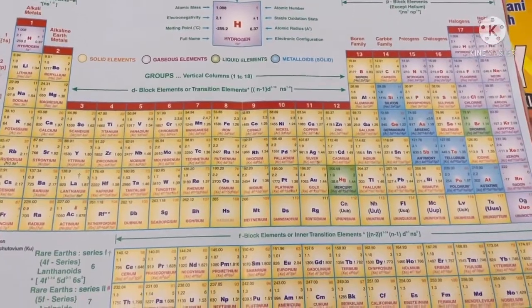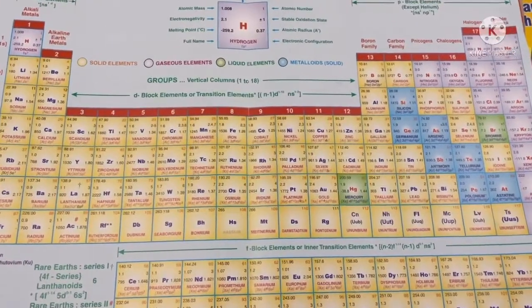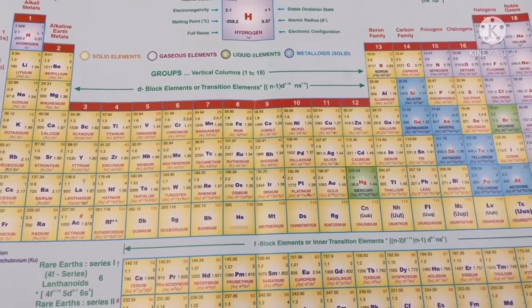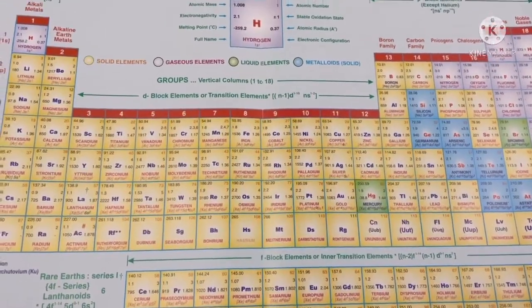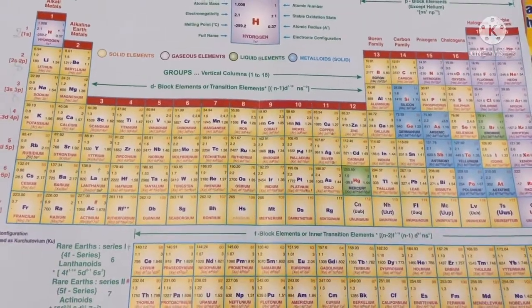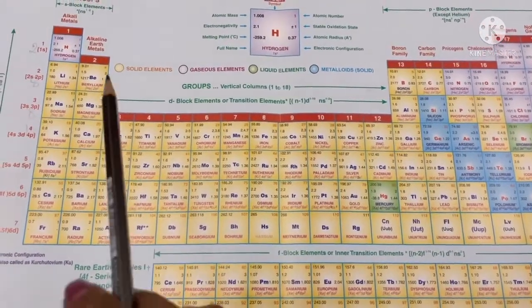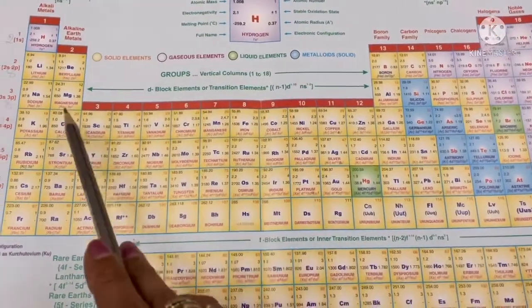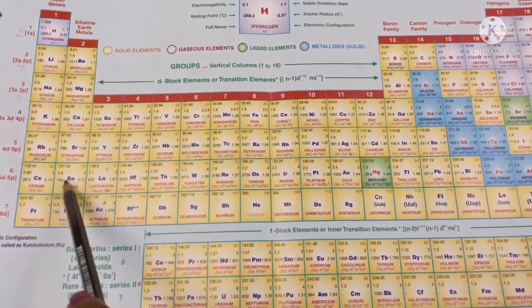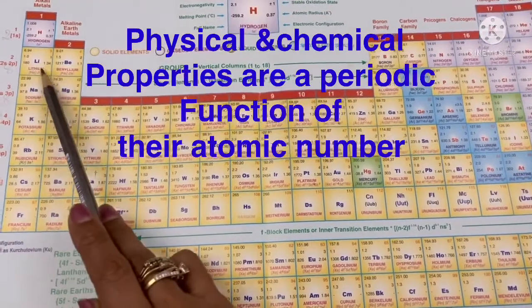Now the word periodic means that the properties of the elements keep on repeating after a regular interval, like the periodic motion of a simple pendulum. From left to right, properties change. When we come back to the same first column of the periodic table, the same properties are repeated.